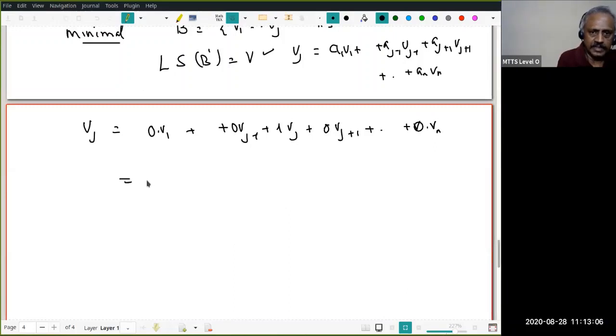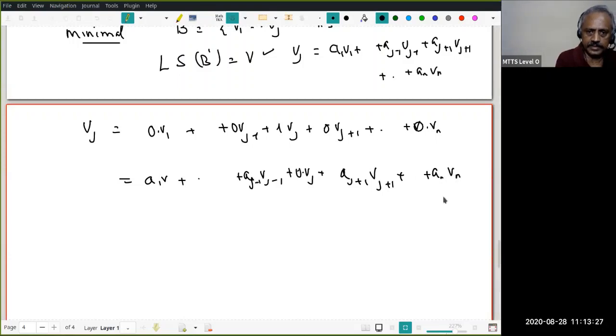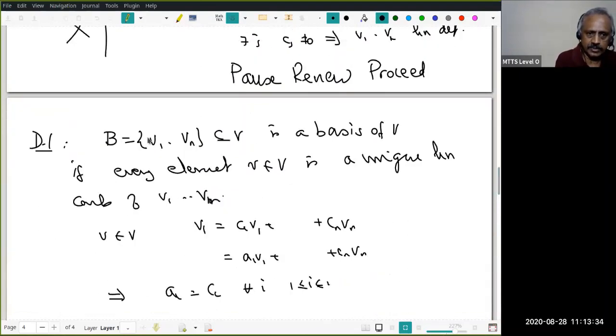But I also have written it as some A1 V1 plus Aj minus 1 Vj minus 1 plus 0 times Vj plus Aj plus 1 times Vj plus 1 and so on, An times Vn. Either way, Vj is a vector in V, and by our assumption V satisfies the first definition. That means when I write V as a linear combination in two different ways, it must be unique.